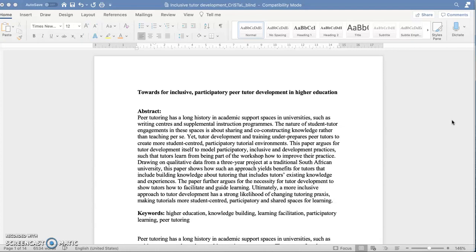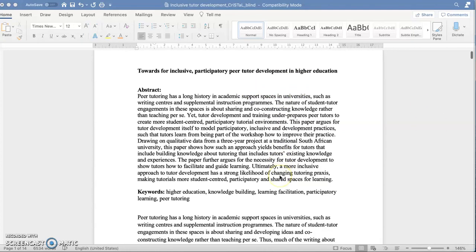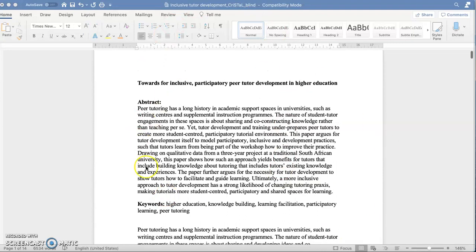So according to the most recent guidelines from Wiley-Blackwell, from Elsevier, and also from Oxford University Press, this is the latest advice on how to blind a paper. So the first thing that a reviewer should see when they open a paper is absolutely no details that identify you as the author.